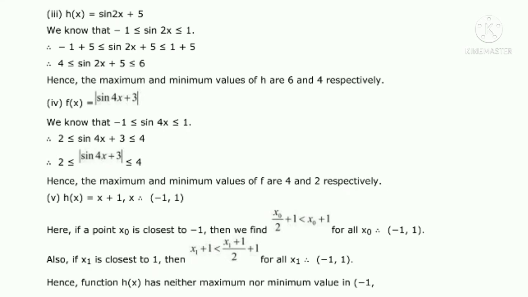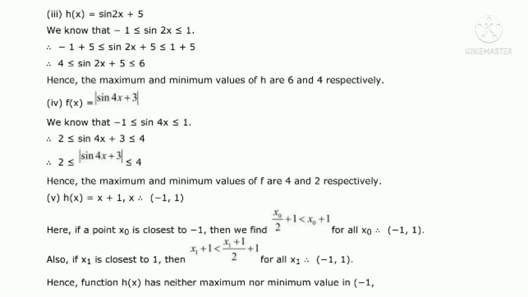Since we know the trigonometric sine function always lies between -1 and 1, the minimum value of sine is -1 and the maximum value is 1. So we write: -1 is less than or equal to sin 2x, which is less than or equal to 1. Is it clear?